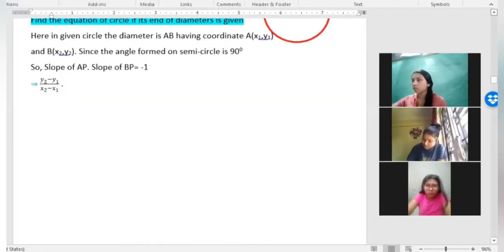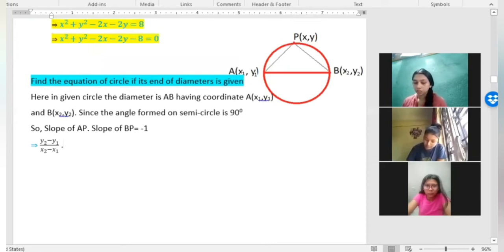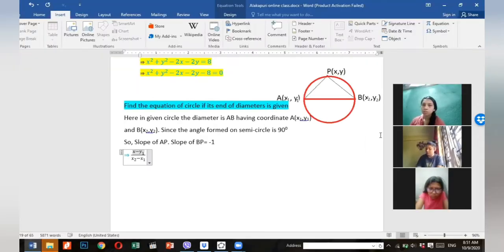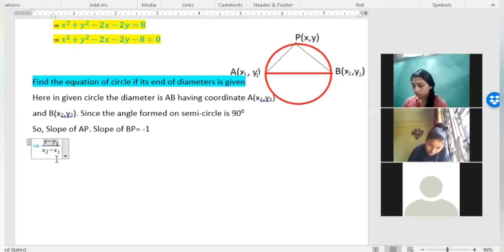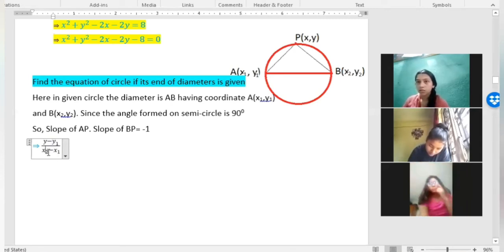In this figure, what is y2 on AP? Ravi, you tell me please. y2 means y, and this is y1. So y minus y1, and down is x minus x1. Okay, good.